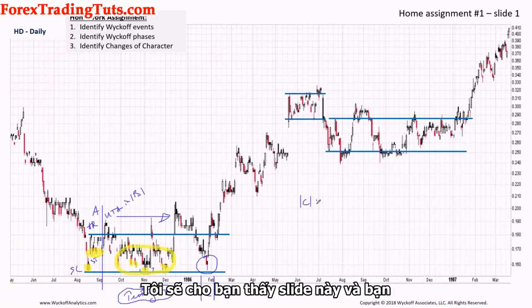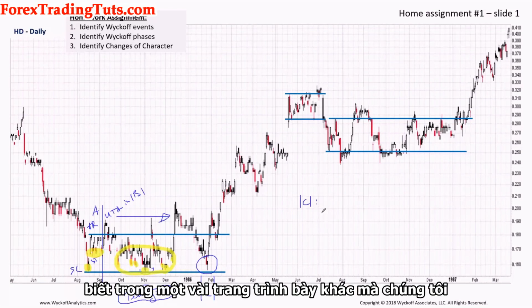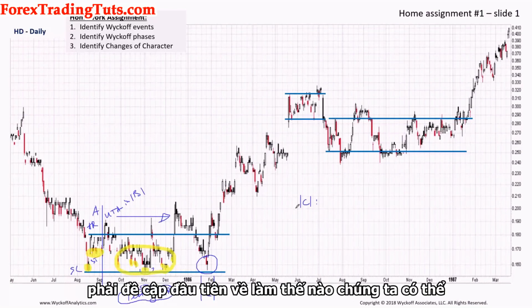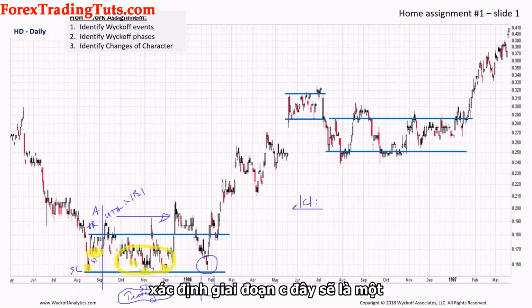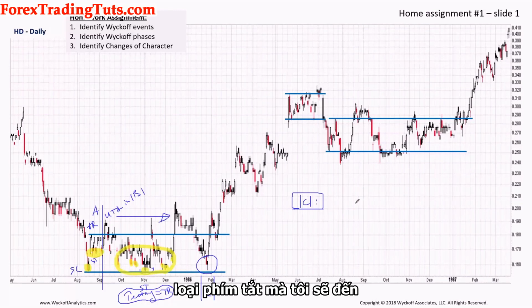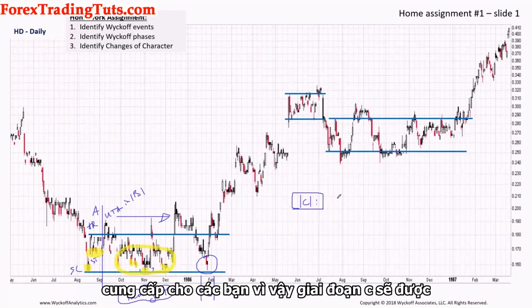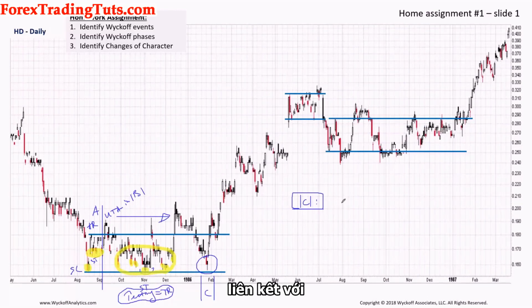I'm going to show you this slide, and a couple of other slides that we have to cover first, on how we could identify phase C. This is going to be one of the major shortcuts that I'm going to give you guys. So phase C is going to be associated with the number 3 or last test at the level of the support.